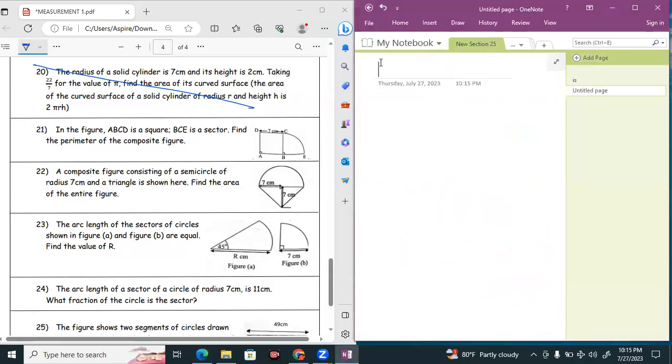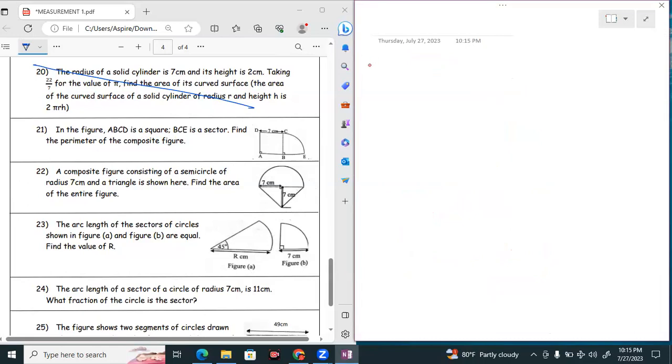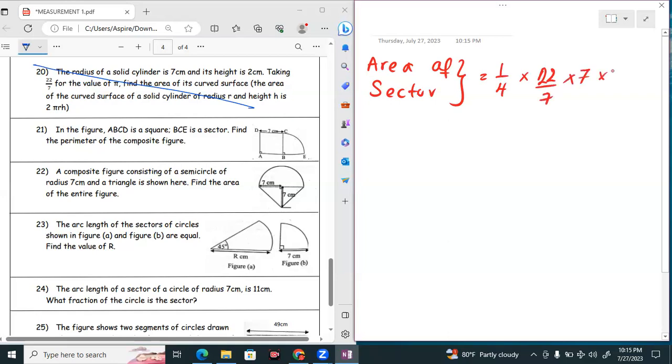Then to find the area of the sector, okay? Area of sector is equal to 1/4 into 5r square. That means 22 upon 7 into r square, where r is given here.